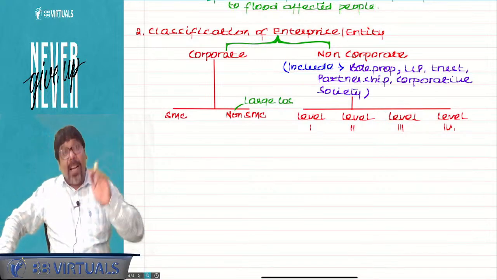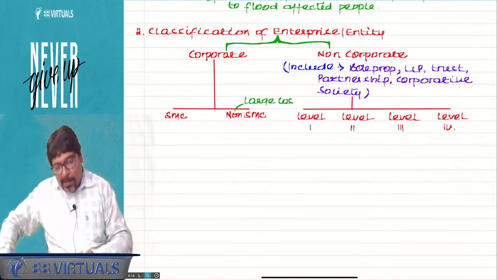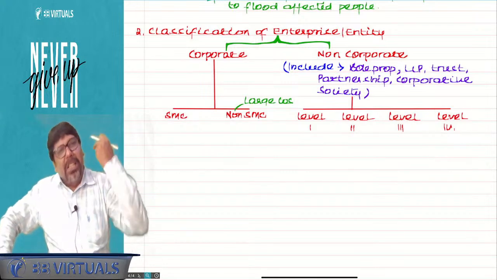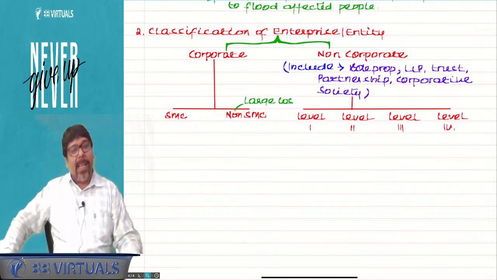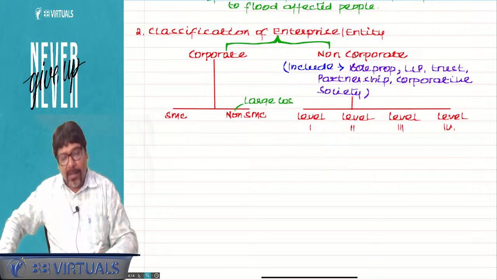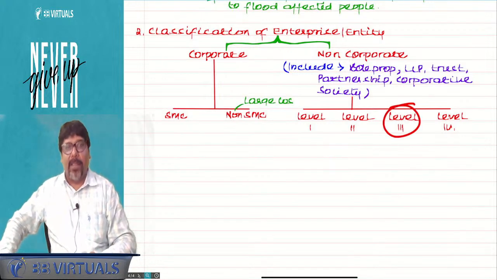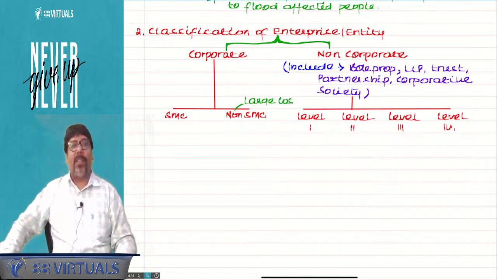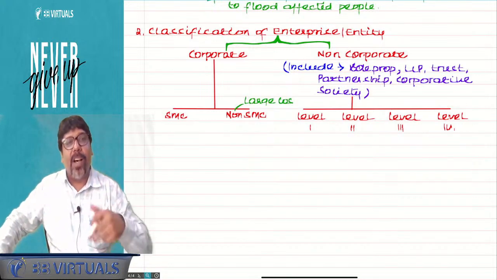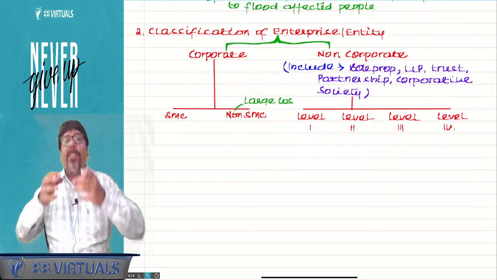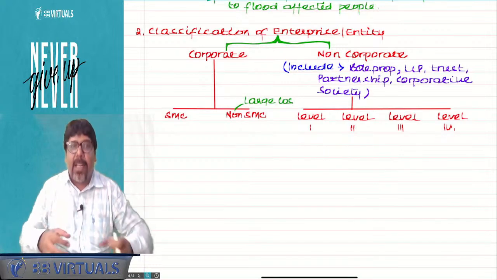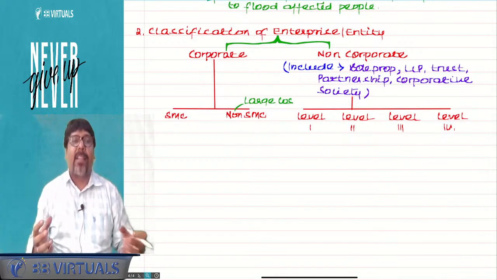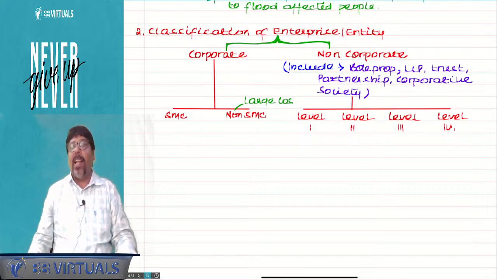Level 3, younger brother, a little less responsibility. Sister, least responsibility. Am I clear? So all, some exemption, more than some exemption, most exemption. Exemptions or relaxations. Am I clear? So depending upon your stature, your bigness, accounting standards are applicable.